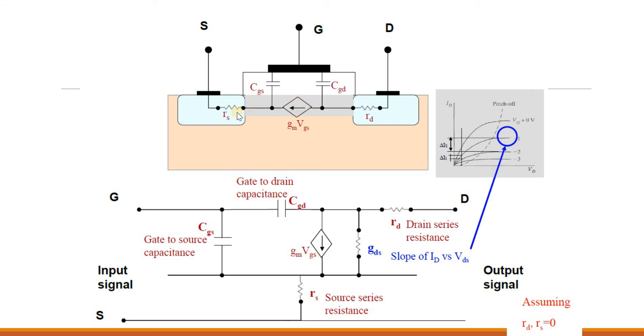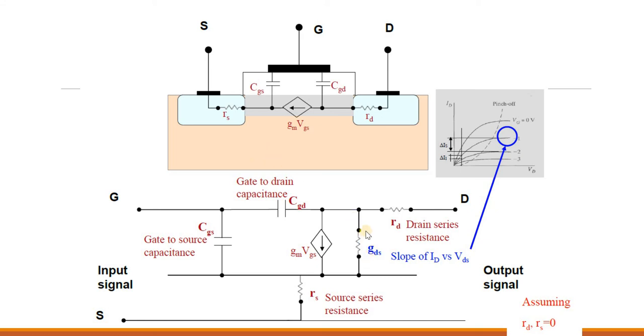Including this you have internal resistances of source and drain. Small letter RD is the drain series resistance and the source series resistance is RS. So this small signal model operating at high frequency is derived from this particular figure.